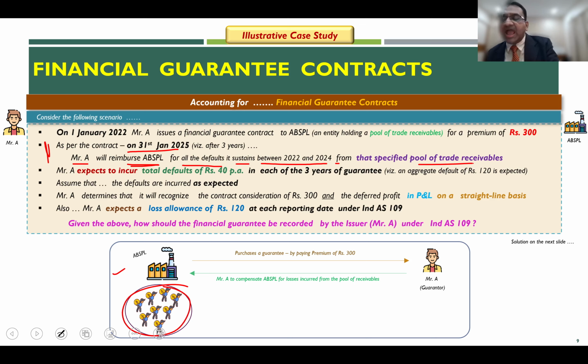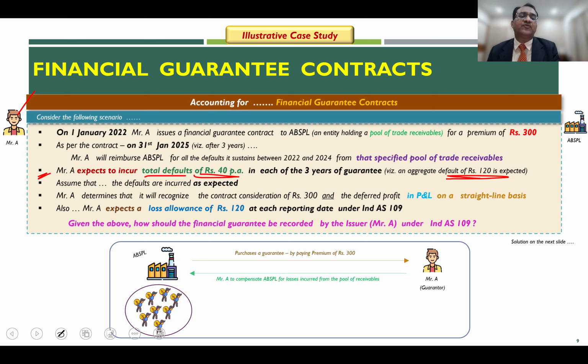And it is also given in this case study that Mr. A expects that the total default will be rupees 40 per annum, aggregating to 120 over the 3 years of the guarantee period.